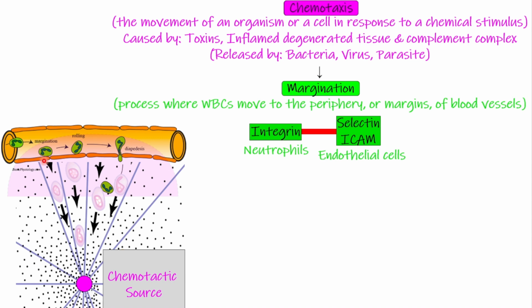An interaction of these two receptors will do the margination. In neutrophils there are integrins, whereas on endothelial cells the receptors are selectin and ICAM, intracellular adhesion molecules. So integrins interact with the selectin and intracellular adhesion molecules on the endothelial cells, and that's how margination is done.